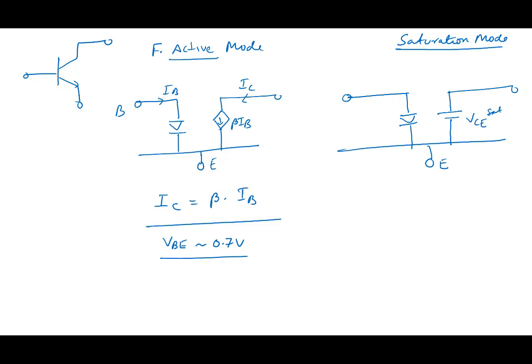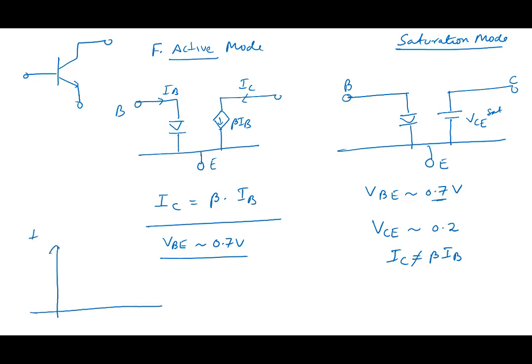So when we analyze circuits, we will assume VBE is 0.7. Sometimes people take a little higher also for VBE, and we'll assume that VCE is 0.2. Note that IC is not beta IB anymore. In fact, from the output characteristics that we drew, the transistor acts like this, IC versus VCE.